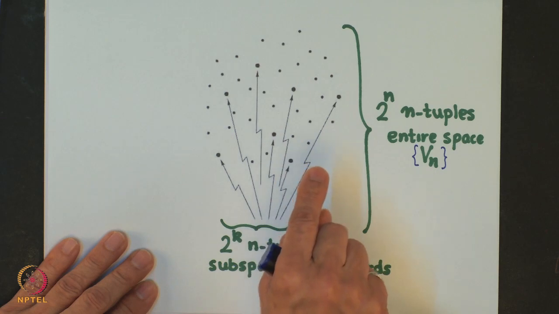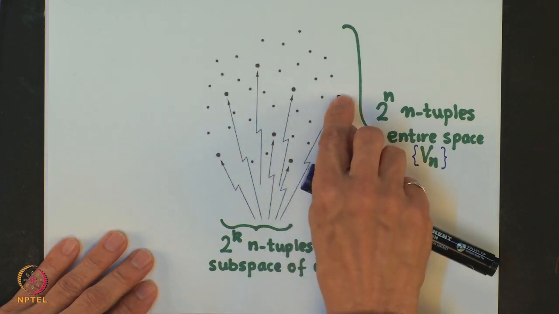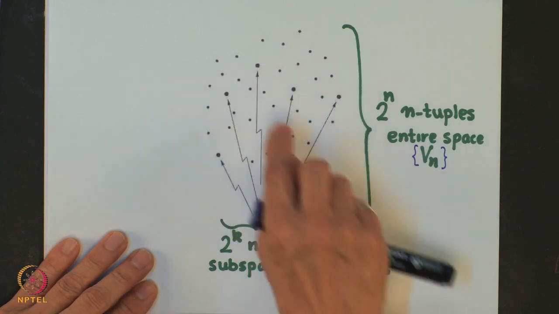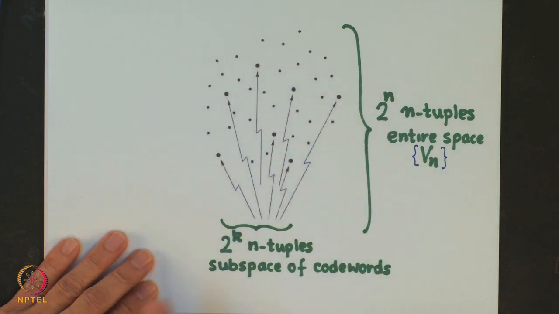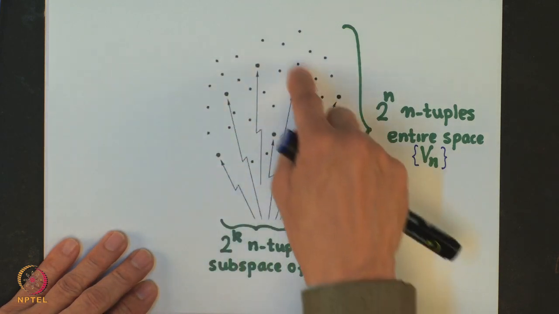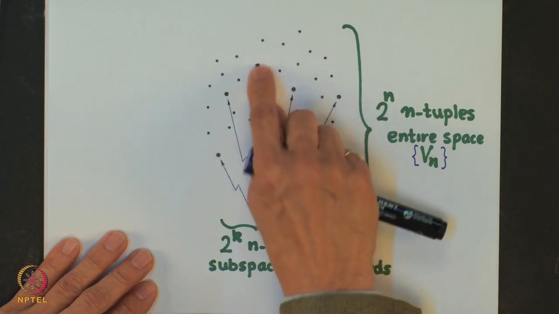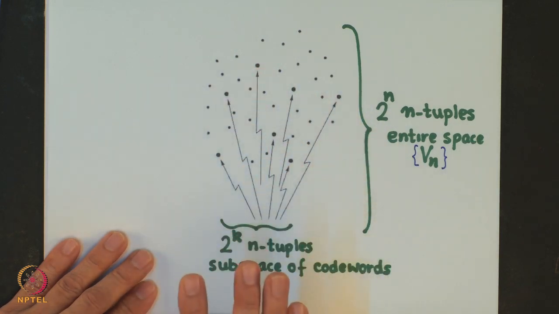Now, these 2 raised to k vectors or points are shown here among the 2 raised to n points, and these bigger dots represent the code words of this subspace.